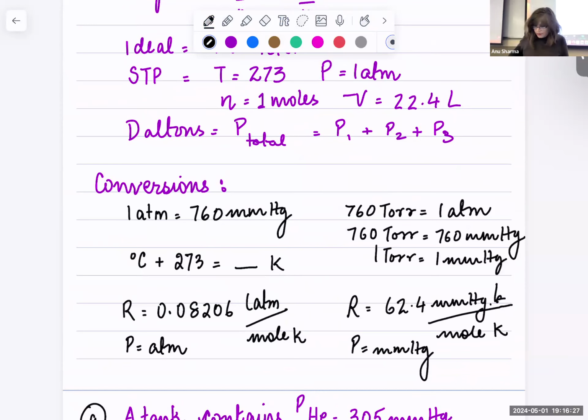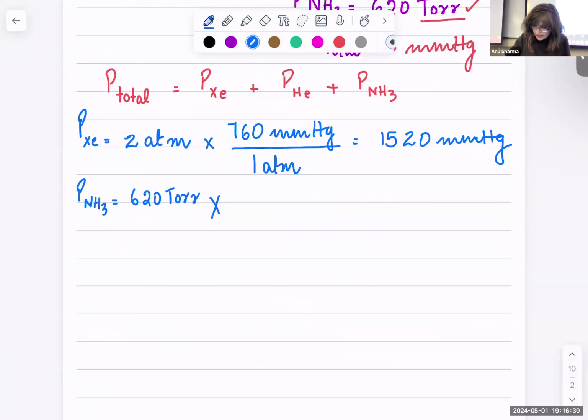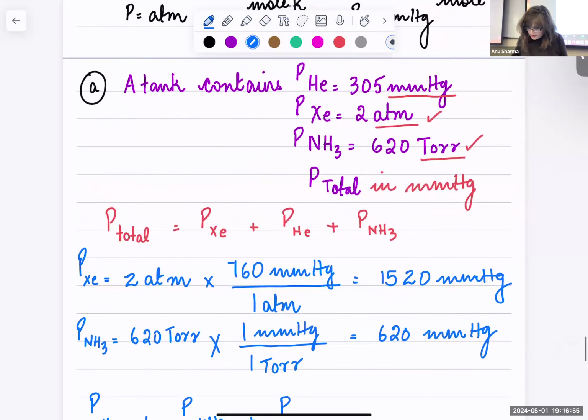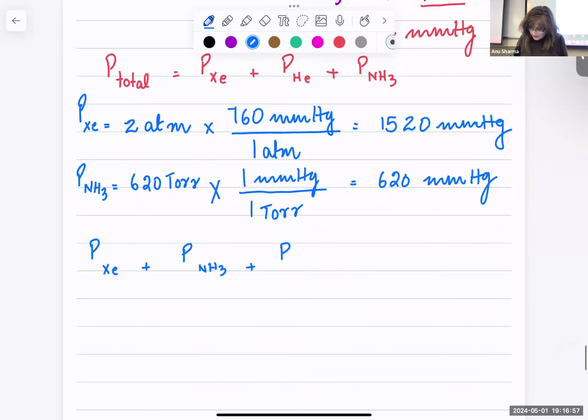So here, what will you do? You're going to put 1 millimeter of mercury over 1 torr. And what do you get here? You get 620 millimeters of mercury. Okay, and the rest is just add. So PXe plus PNH3 plus PHe.